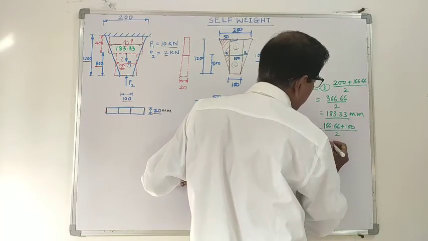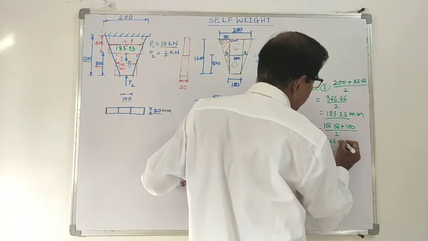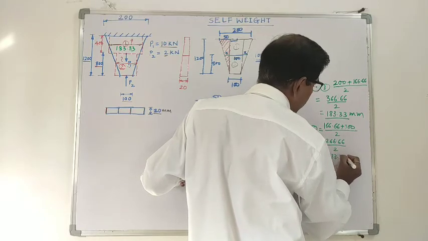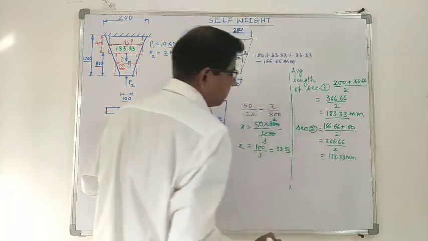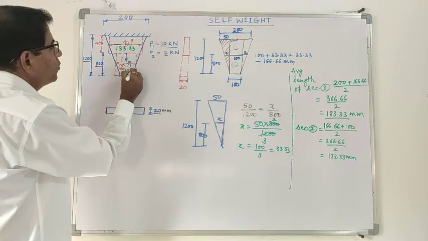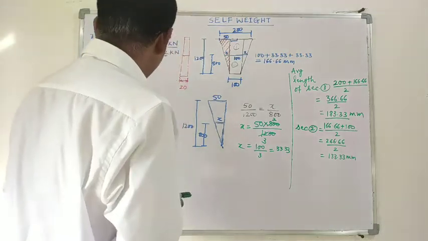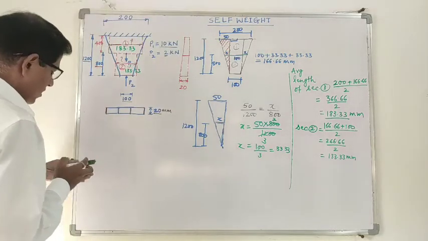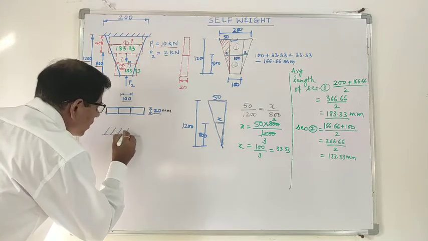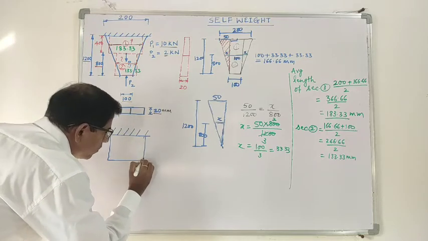So this comes out to be 266.66 divided by 2, that is 133.33 mm. So the average width of the second step is 133.33. Okay. So here we have successfully converted this wedge-shaped plate into a step plate problem.